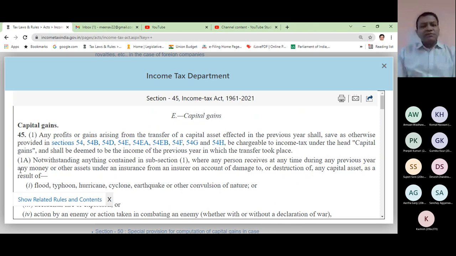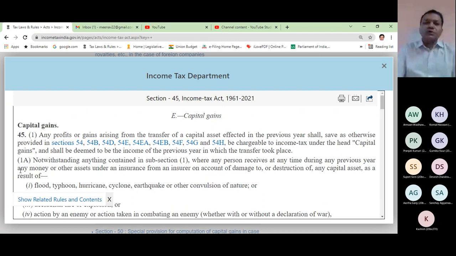45 subsection 1 is the main section which deals with computation of income under the head capital gains. Not the calculation exactly, but founding section, charging section, 45.1. All other are special. 45.1A, 1B, 2, etc. These all are special subsections.